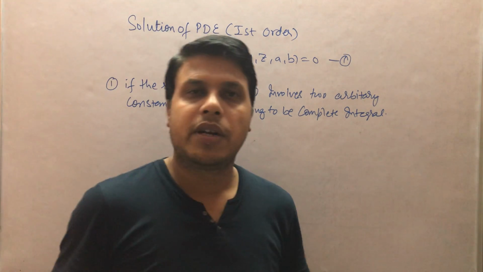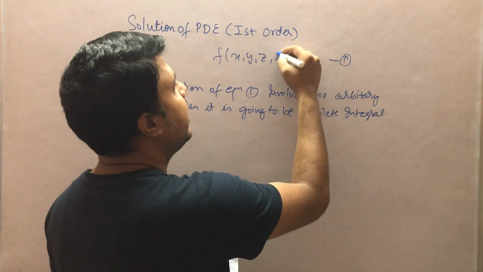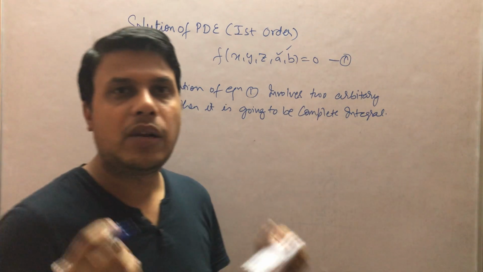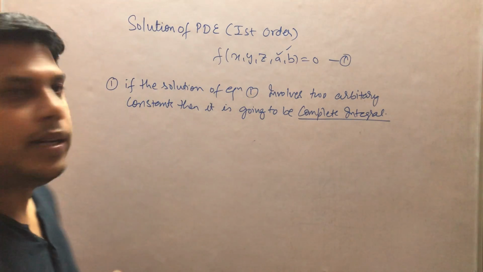If we are able to solve the differential equation and in the final solution we have two arbitrary constants like a and b, then the solution is going to be the complete integral.